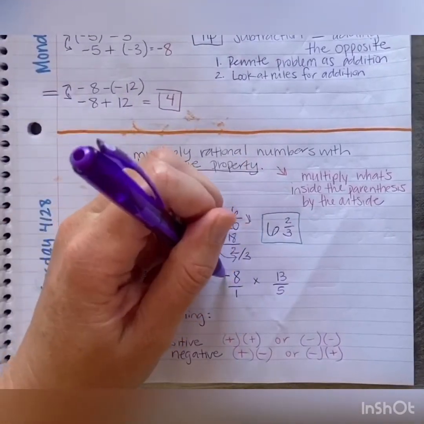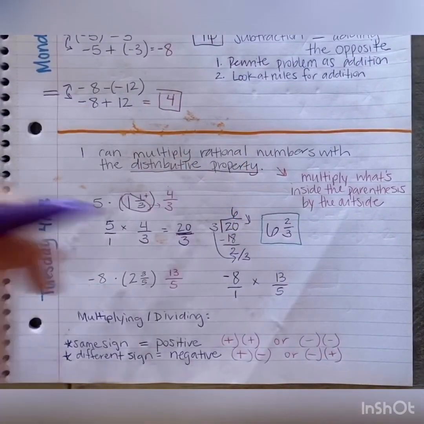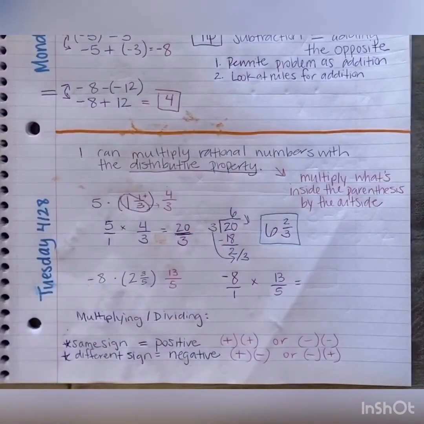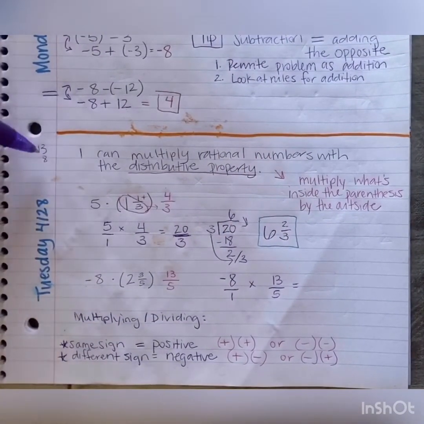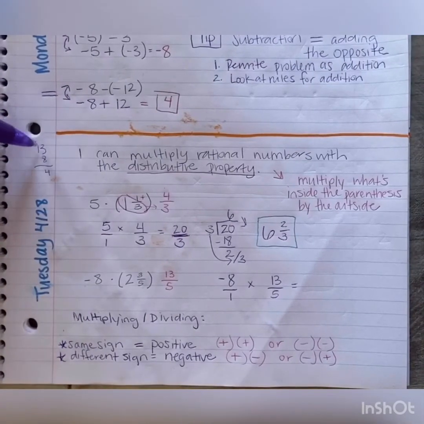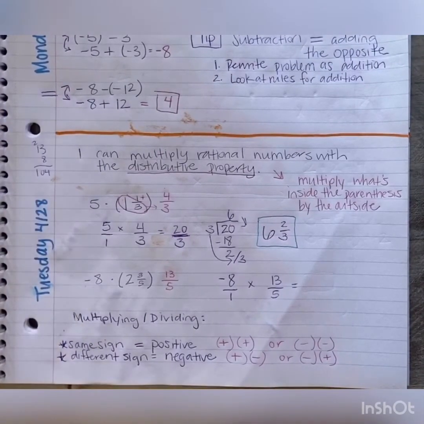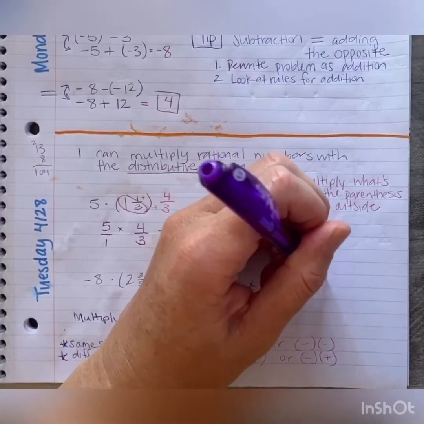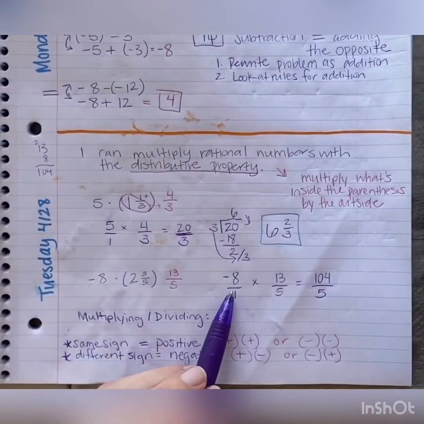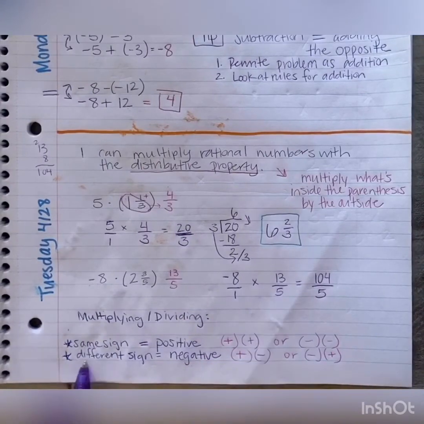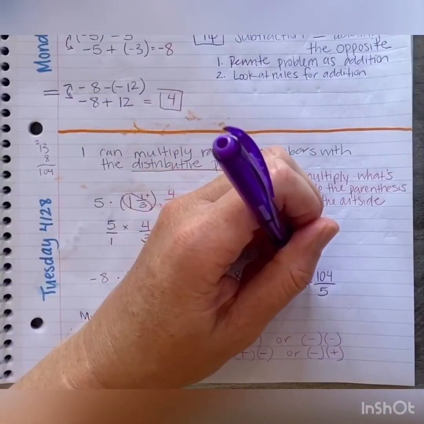And I'm going to put a 1 there. So 8 times 13 is 104. 1 times 5 is 5. And again, I'm multiplying a negative by a positive, different signs, so my answer is negative.